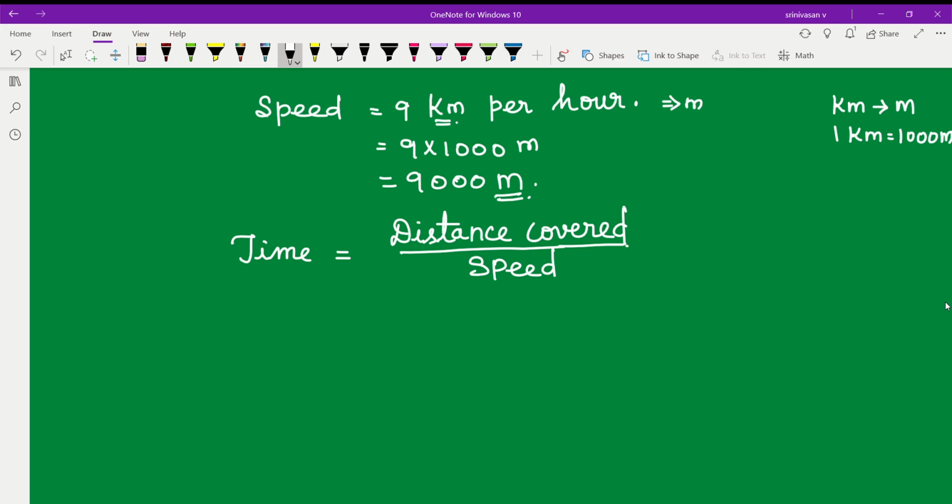So here the distance covered is 2160 by the speed is 9000. Now we are going to cancel these terms.